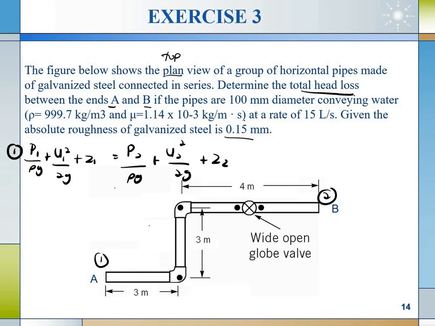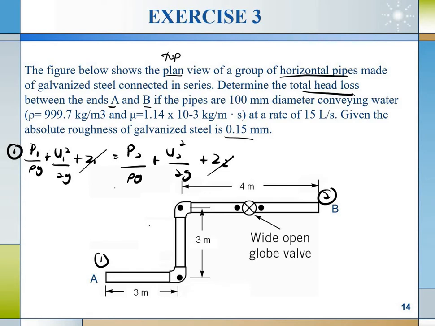So in here we can cancel Z1, Z2 because it is mentioned here horizontal pipe, so there is no elevation. And please remember this is a top view. You look from the top. So basically this pipeline is in a series. There is no inclination or elevation of the pipe.